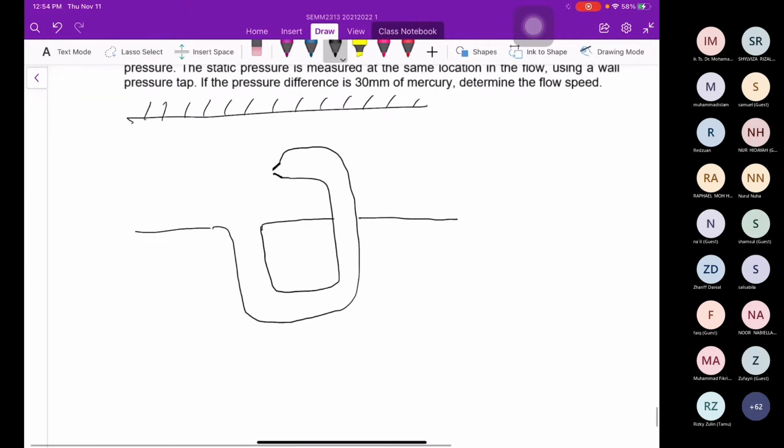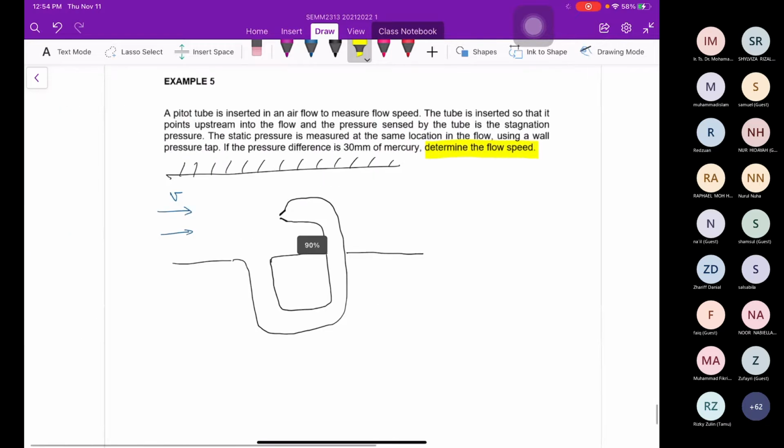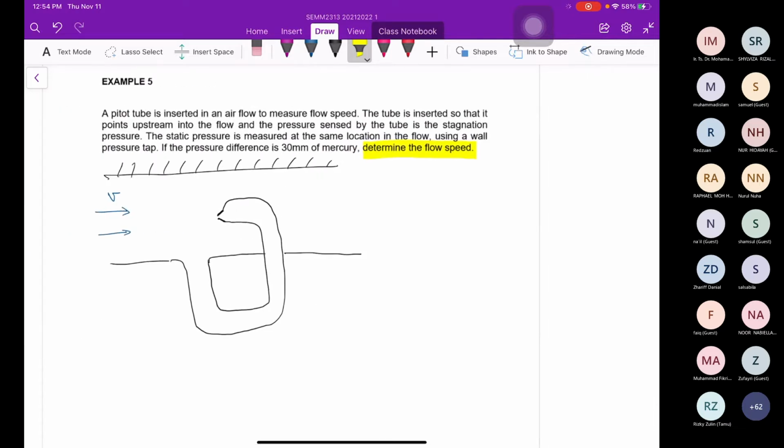We have the flow from left to right with a velocity that we need to discover here. Let's say this is B. And then we have the mercury, at the level here to level here.